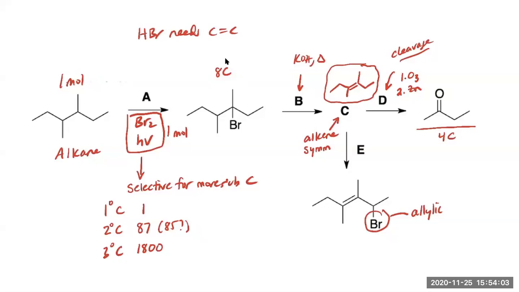What is E? I just did an allylic bromination. I see it popping up in chat. Good for you guys. It's NBS. N-bromosuccinimide in light. We'll do an allylic bromination, put a Br on, and keep your double bond.